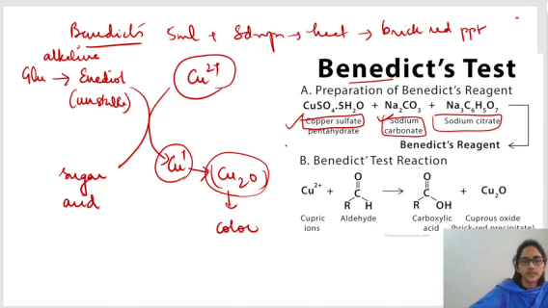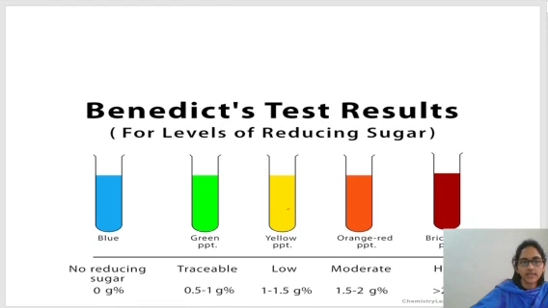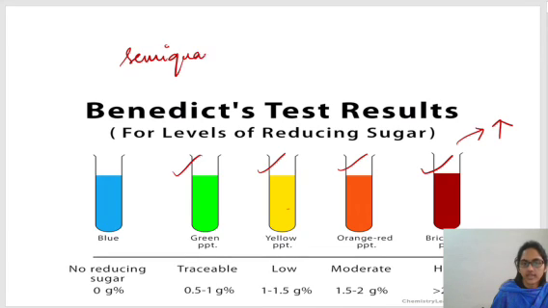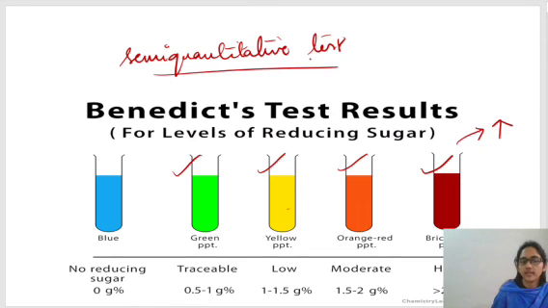Understood? So we get different colors for the reaction depending upon the concentration of glucose in the solution: green, yellow, orange red and brick red. Brick red indicates that the concentration is high. That is why this test is called a semi-quantitative test, because you can quantitate to some extent.